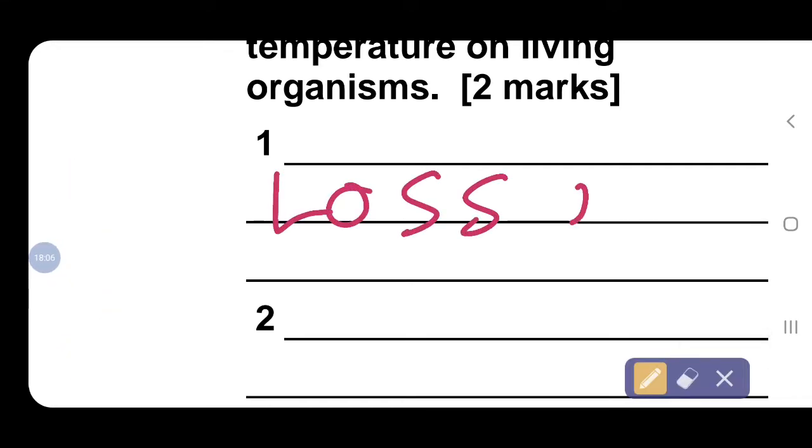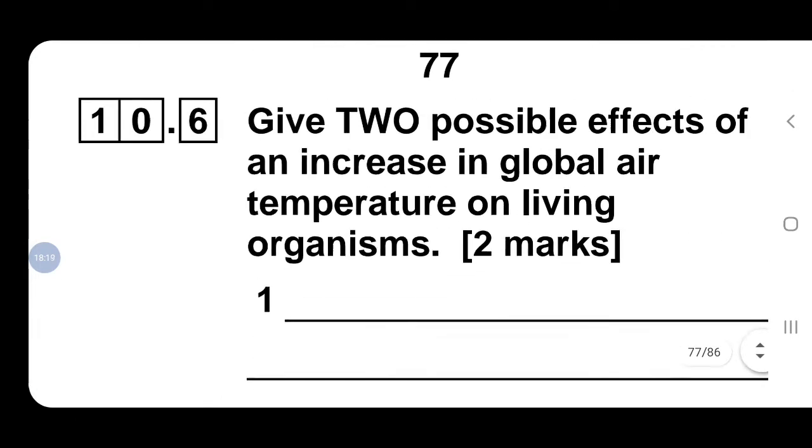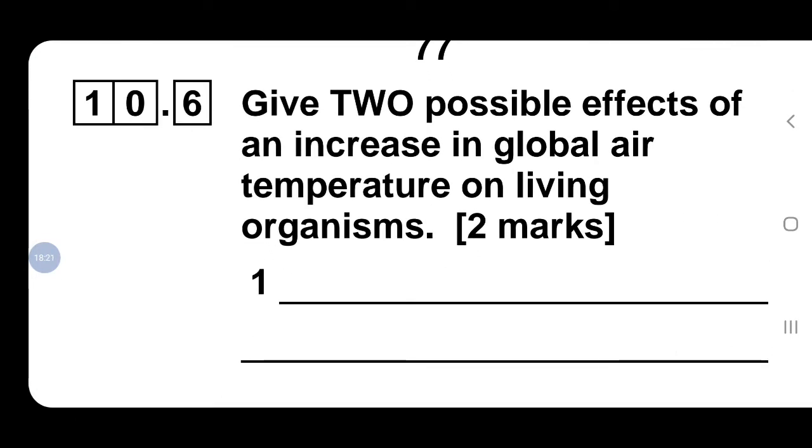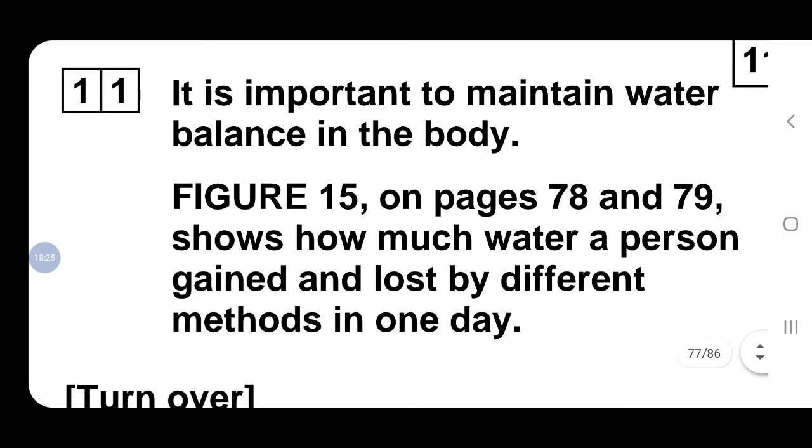Yeah, I'm choosing pencil here, loss of habitat. All right, loss of habitat and migration, extinction, lots of things you can write. So this is the possible effect of an increase in global air temperature. Easy guys, you just keep practicing.